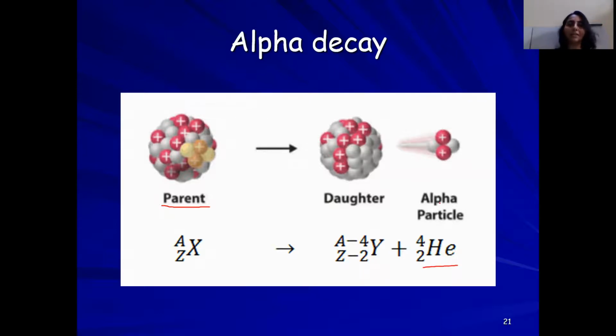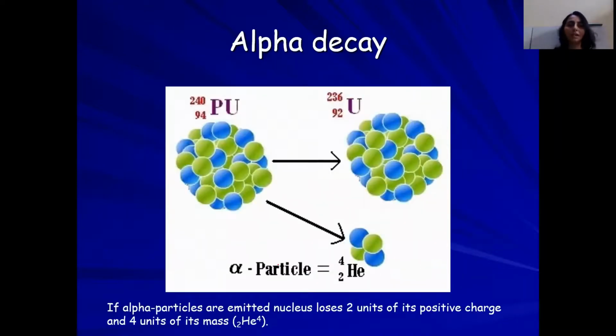When an alpha particle is generated, the atomic number and the atomic mass number both will decrease. Similarly, in the diagram, plutonium decays and generates uranium and helium. If alpha particles are emitted, the nucleus loses 2 units of its positive charge and 4 units of its mass.